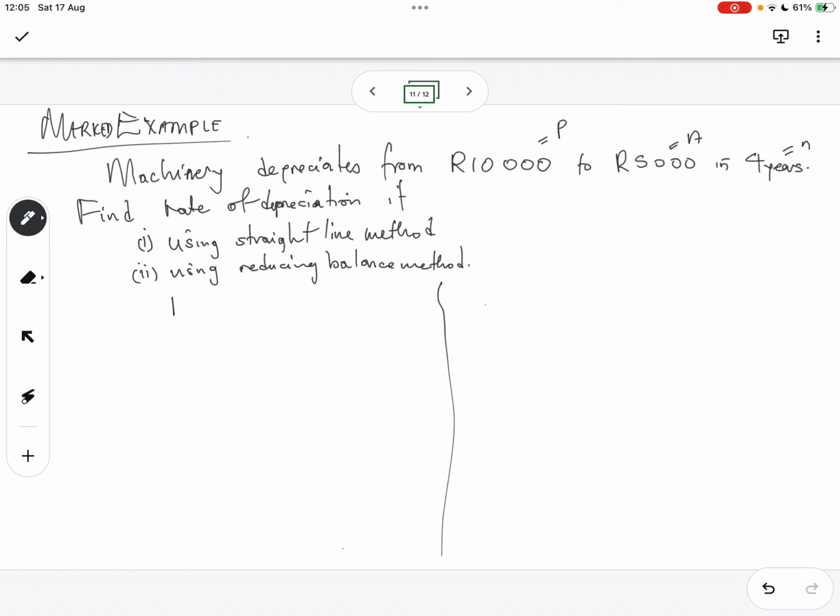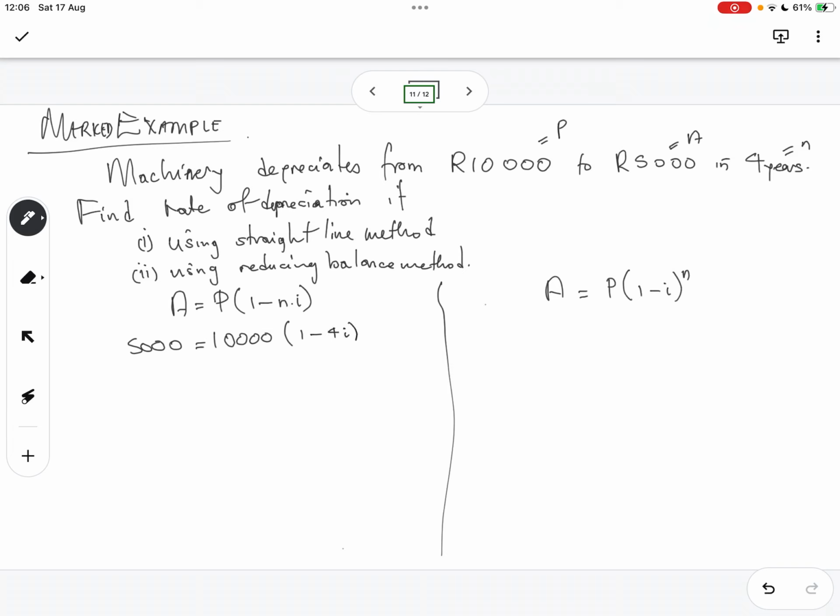We've got the term, so we must find i. In the first case, straight line method, remember it's P into 1 minus n times i. And in the compound method, it is P into 1 minus i to the power n. So we will substitute in both cases.